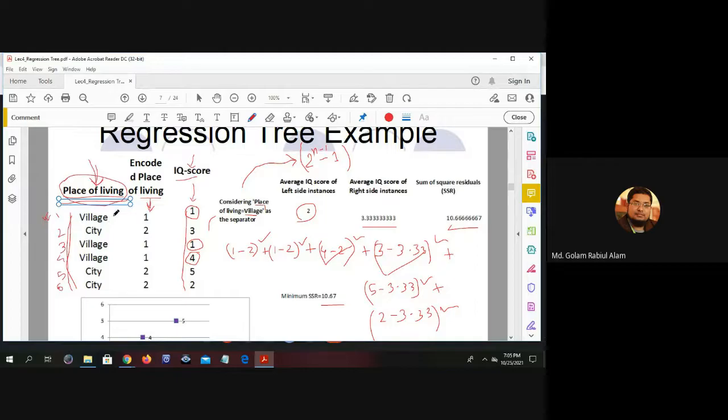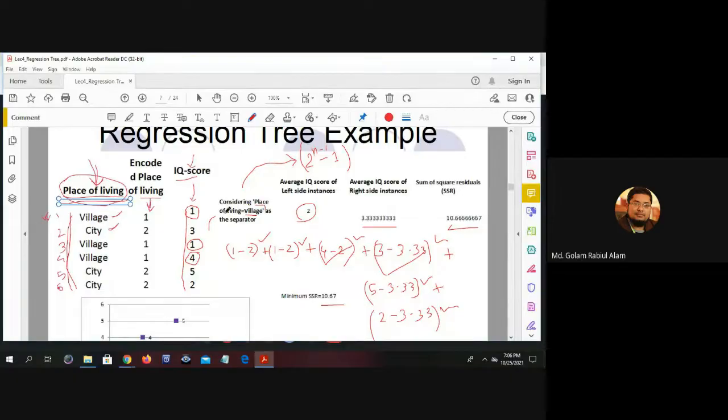We can see village and city, two kinds of people, just two categories. So it is easy to see that just one splitter is enough to split the data. That splitter asks whether the person is living in a village. If yes, then the place of living is village. If no, then city. So this is very simple.